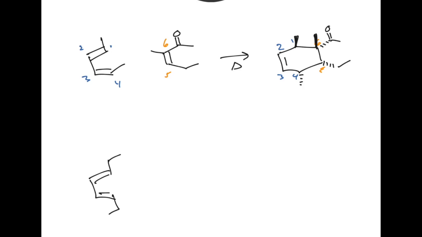Now to figure out where the methyl group is on carbon 6, I can say, okay, it's on the opposite side from the ethyl group on carbon 5. So that means if the ethyl group on carbon 5 is a dash, is down, the methyl group on carbon 6, to be on the opposite side, has to be a wedge and up. That makes sense? Excellent.